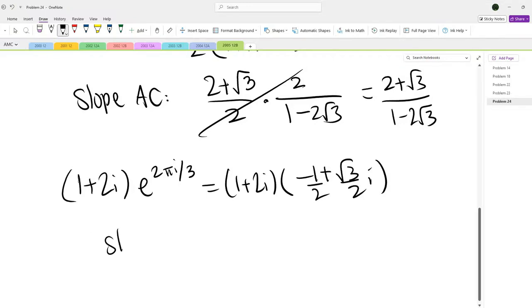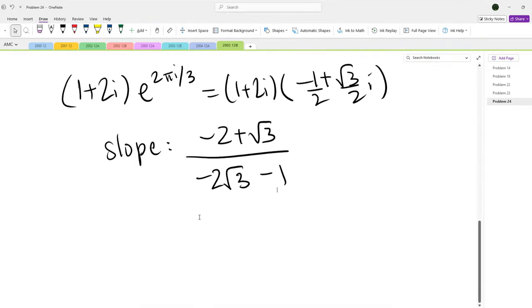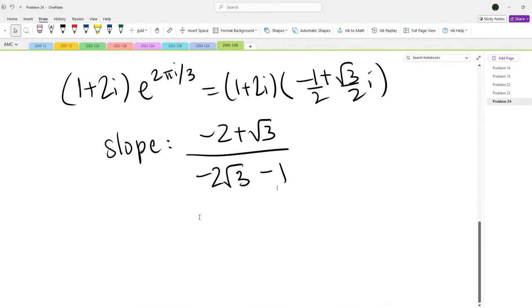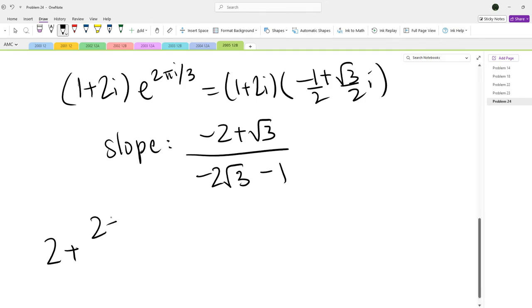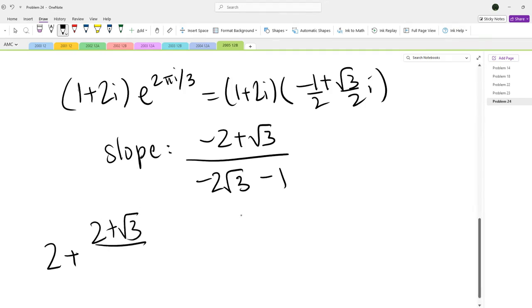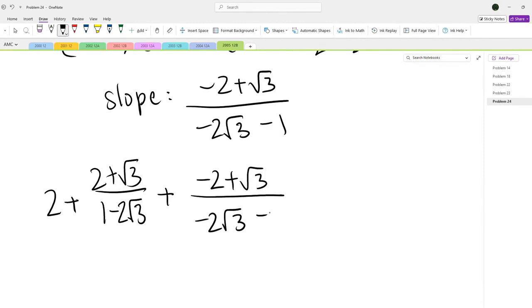And this would give us a slope of negative 2 plus root 3 over negative 2 root 3 minus 1. So then the sum of all three slopes would be 2 plus 2 plus root 3 over 1 minus 2 root 3 plus negative 2 plus root 3 over negative 2 root 3 minus 1.